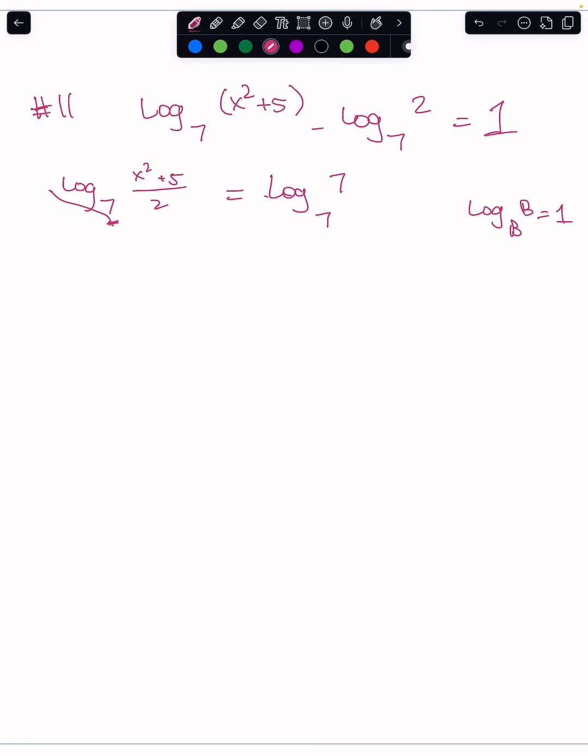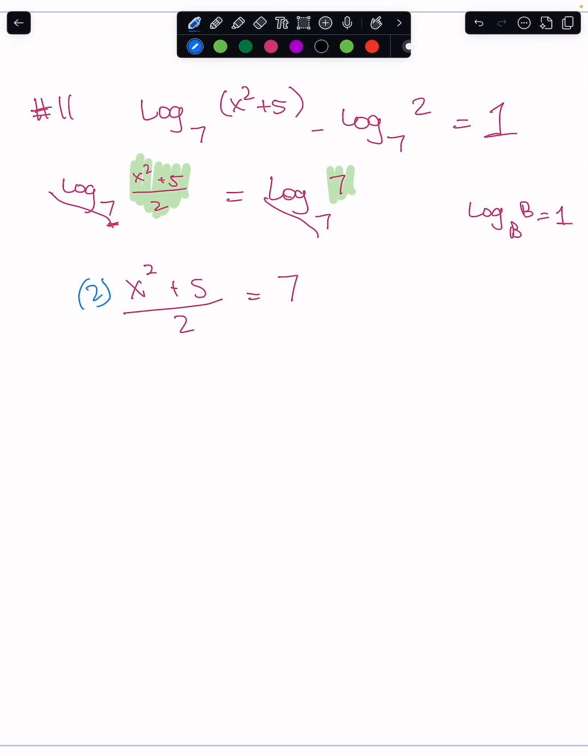Now, since these are equal, I can go ahead and go x squared plus 5 over 2 equals 7, because this has to equal that. Now, let's go ahead and solve this like regular algebra. Multiply both sides by 2. And you end up with x squared plus 5 equals 14, minus 5, minus 5. x squared equals 9, square root.